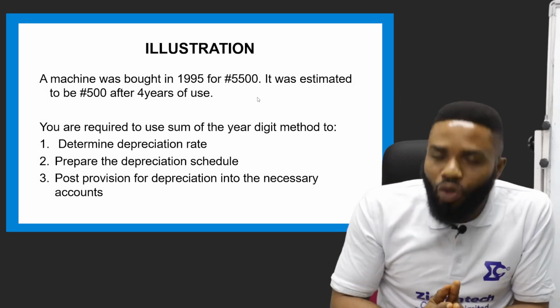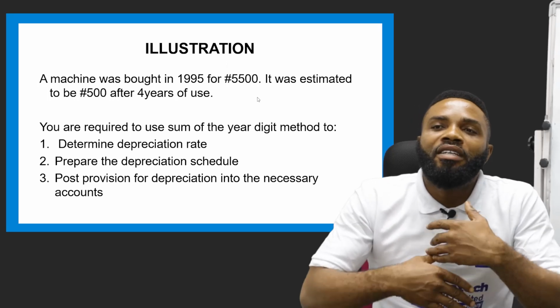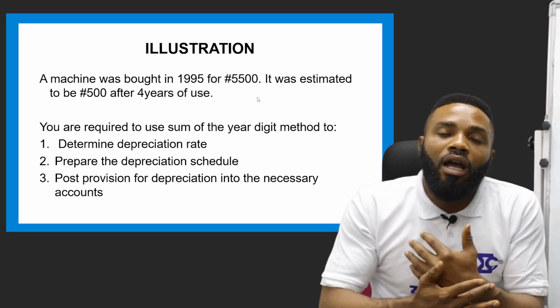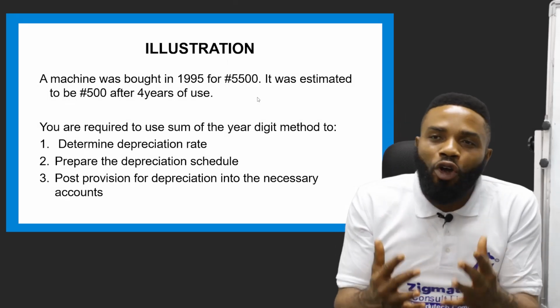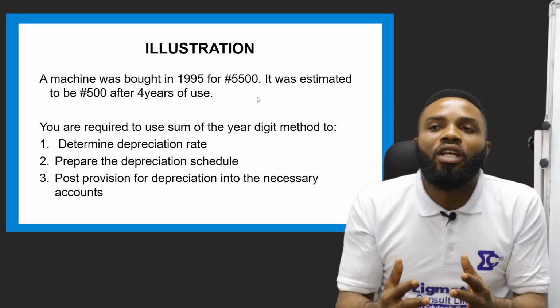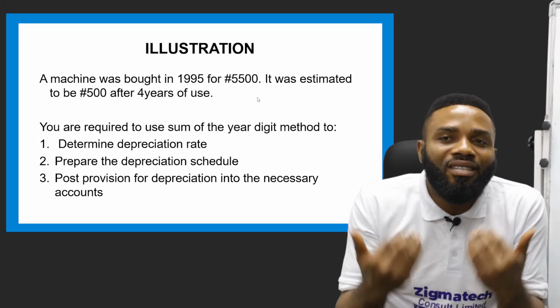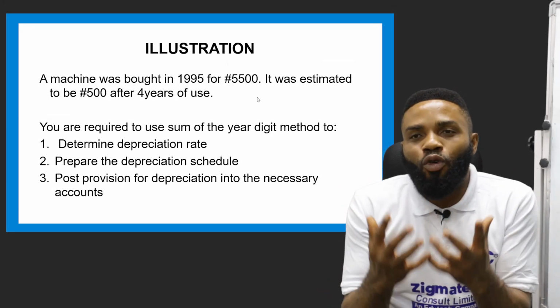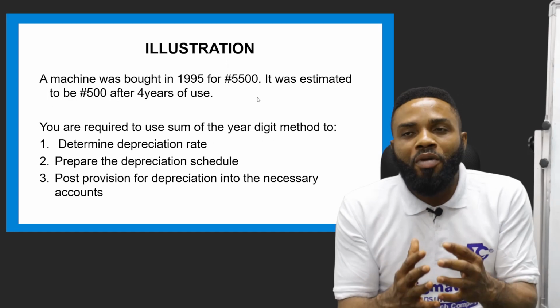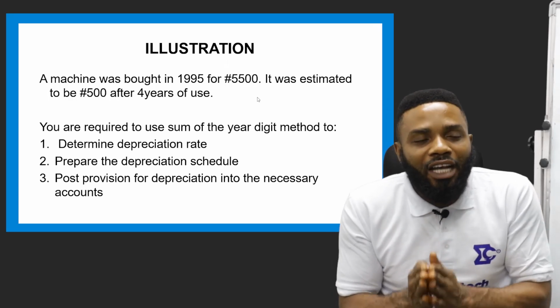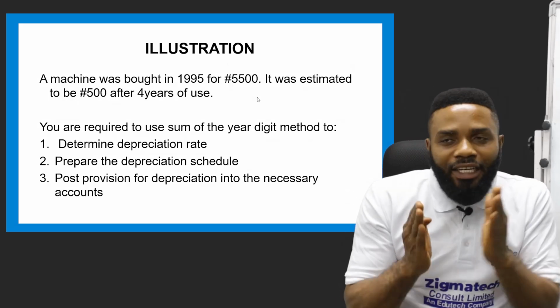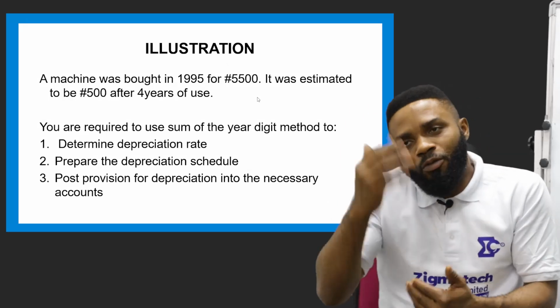So we recommend strongly that even if we have different methods used to calculate depreciation, companies should adopt a method that they can be consistent with, so that when it is time to compare accounting years, they will be able to say, okay, this is what we realized this year as compared to last year, and this is what we should expect for next year.